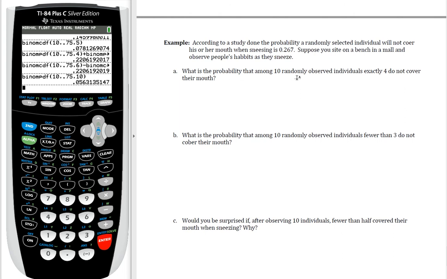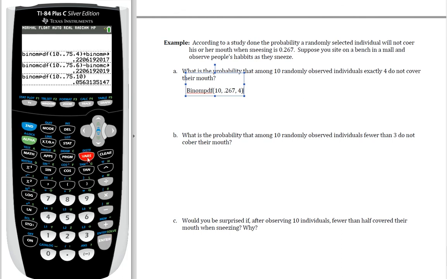So what is the probability that among 10, exactly 4 do not cover their mouth? Since it says exactly, I need just one probability. I don't need a multitude of them. So I can just run binompdf. PDF is only for exact probabilities, with 10 trials, a probability of success of 0.267, and then a number of successes to be 4.